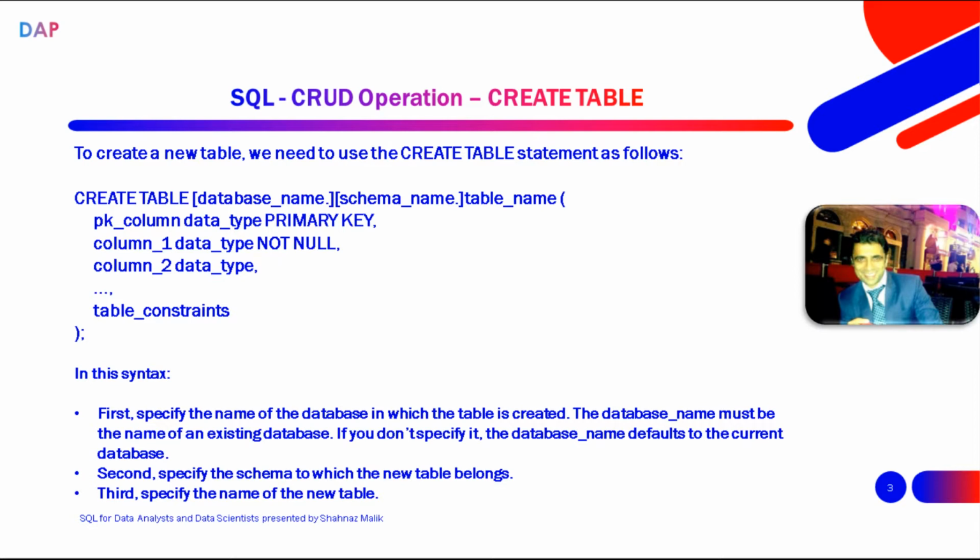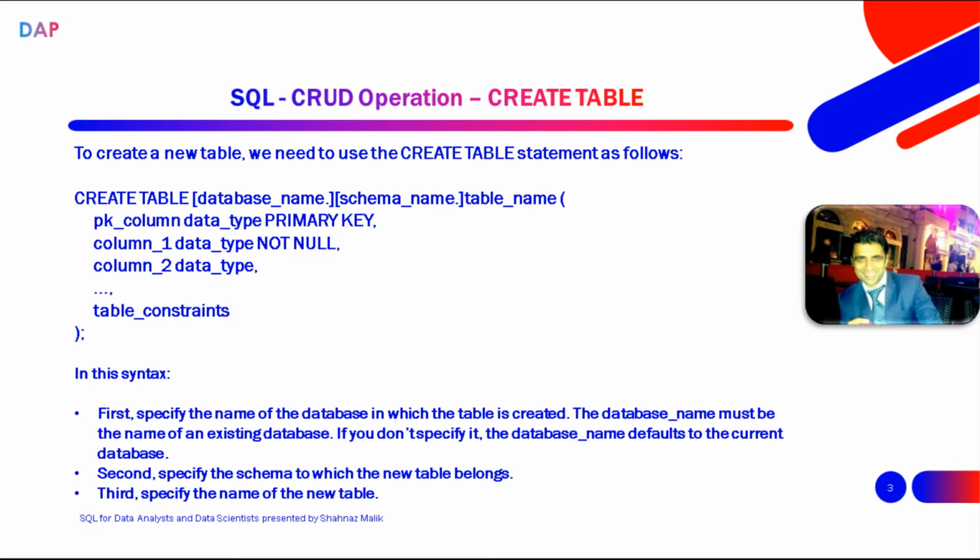Then I can proceed with the schema name and the table name. If I don't show the schema name, it will automatically take the default one, which generally is dbo. More about all that in later sections, but I will try to make this syntax look a bit simpler once we execute the query.